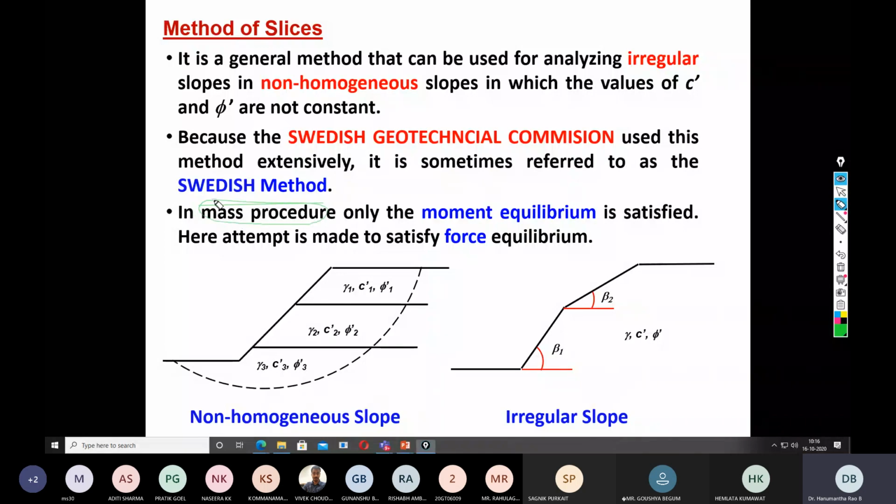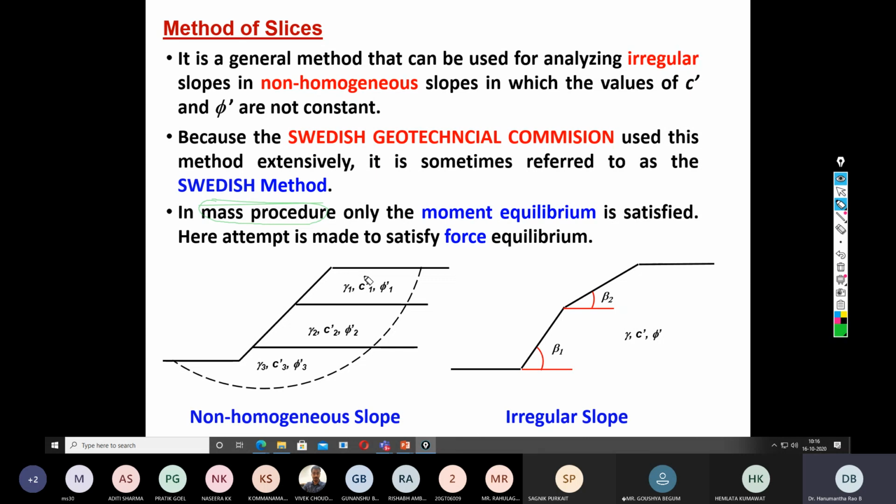Those are called mass procedures, because we have considered the whole slope area as a single mass, and thereby represented the entire mass of the slope as W. So this is called a mass procedure. And this mass procedure is further accompanied by moment equilibrium.